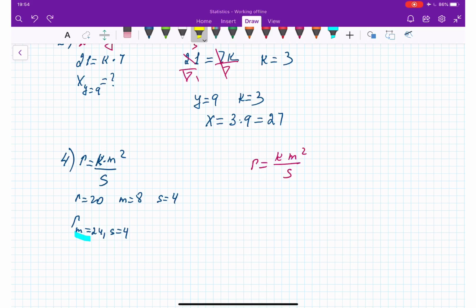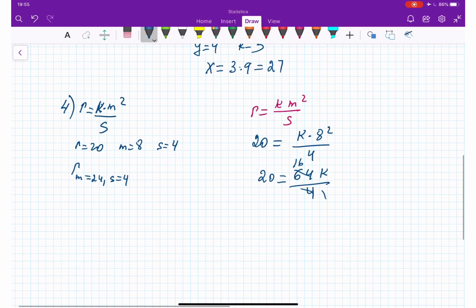So to find k, let's plug in r equal to 20, k times m, which is 8 squared, over s, which is 4. So 20 is equal to 64k over 4. 64 divided by 4 is 16.